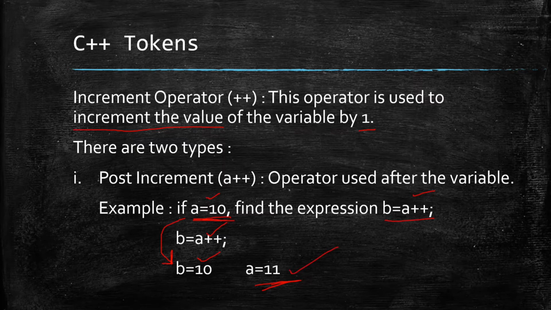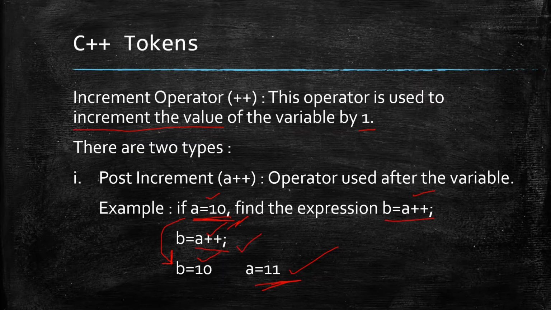Now coming to the actual procedure of post increment: a is given as 10 and b is equal to a plus plus. The assignment is always done from right to left. So first we execute the right hand side part.